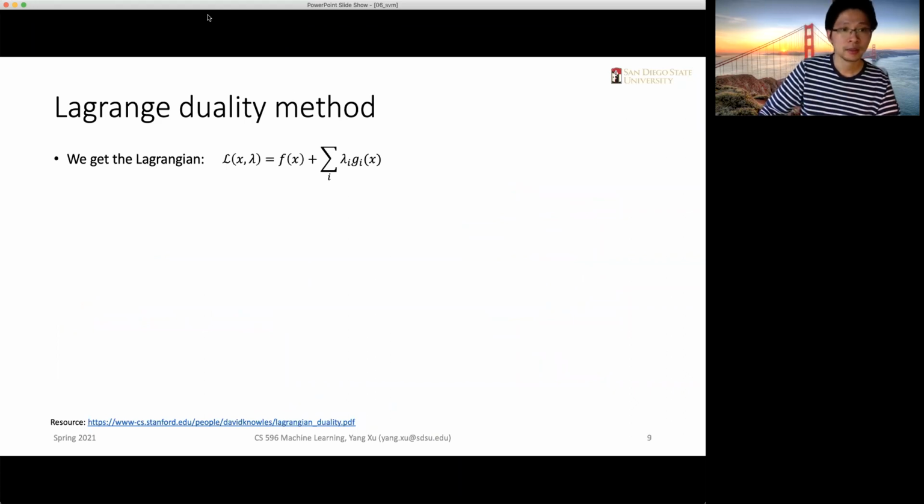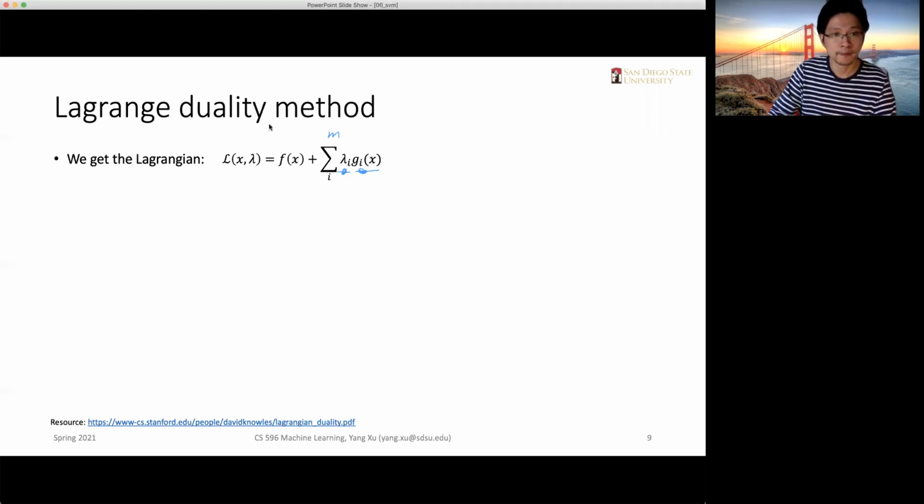We can define a lambda for each inequality, because now we have a bunch of constraints. We actually have m constraints. So for each constraint, we can define a multiplier lambda i, and we use the function within the inequality constraint as part of the term here.